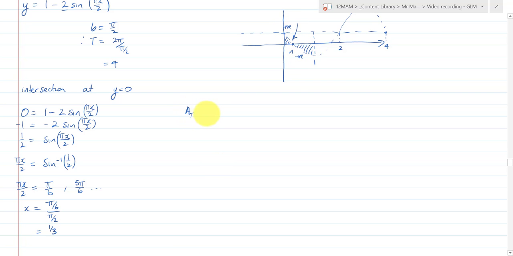So the total area will be equal to the absolute value of the integral between 1/3 and 0 of 1 minus 2 sine pi x on 2, plus the integral between 1 and 1/3 of 1 minus 2 sine pi x on 2 dx.